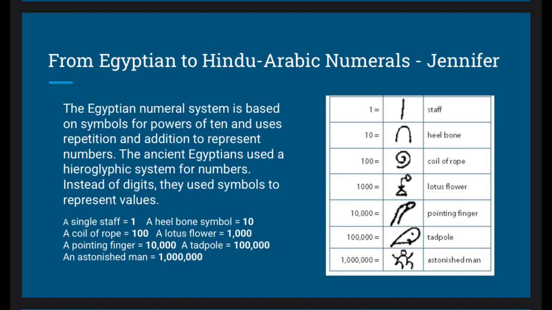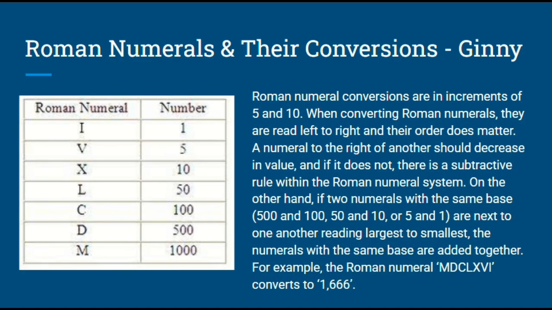Roman numerals are in increments of 5 and 10, I being 1, V being 5, X being 10, L being 50, C being 100, D being 500, and M being 1000. When converting Roman numerals, they are read left to right and their order does matter. A numeral to the right of another should decrease in value, and if it doesn't, there's a subtractive rule within the Roman numeral system.